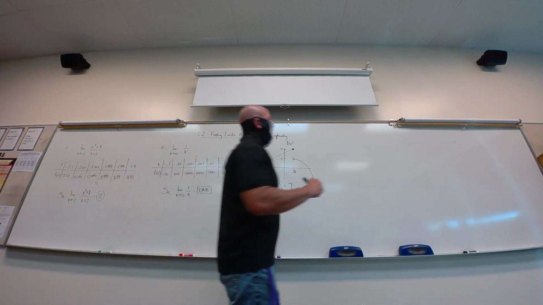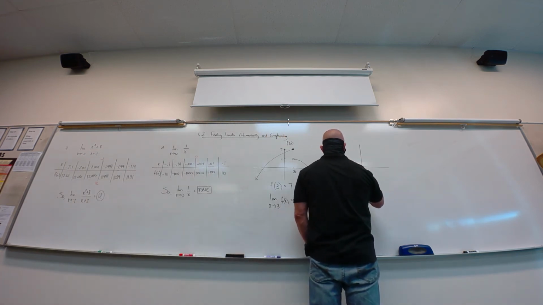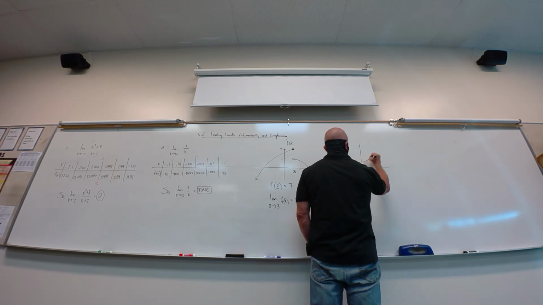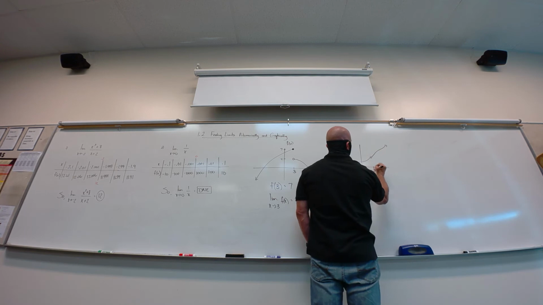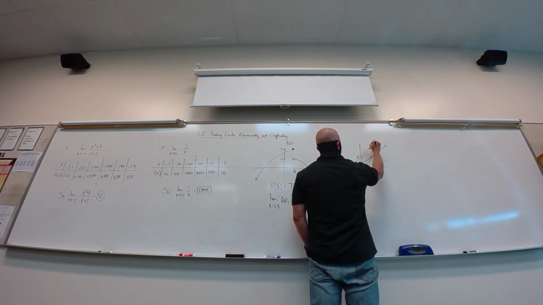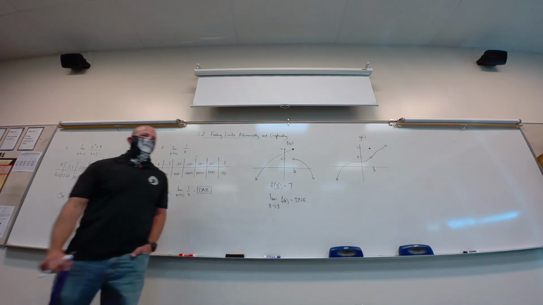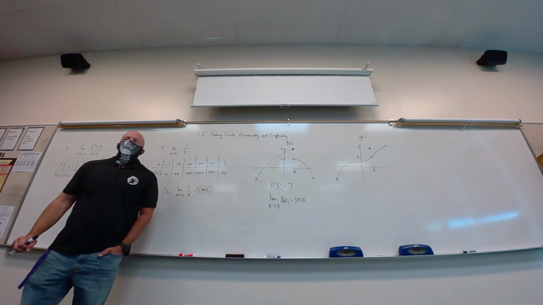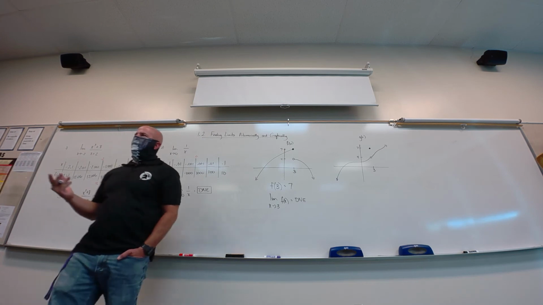Let's get a different sketch here. Call that 3. Call that 4. Call that 7 again. This would still be what we call one of those piecewise functions, because you do have two parts to it.